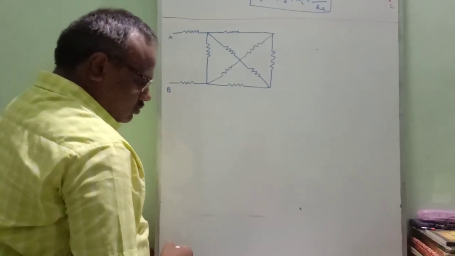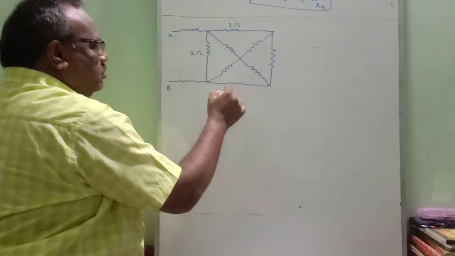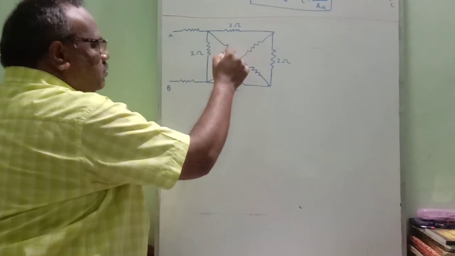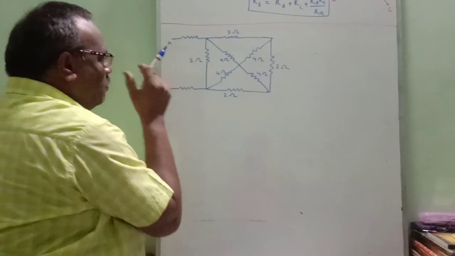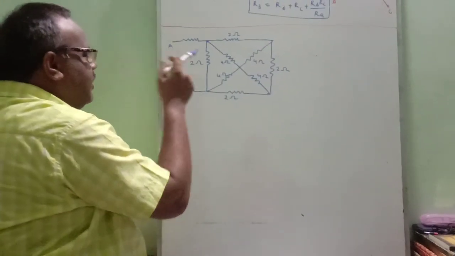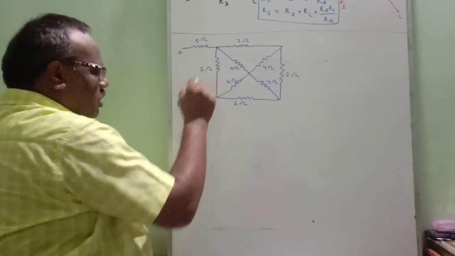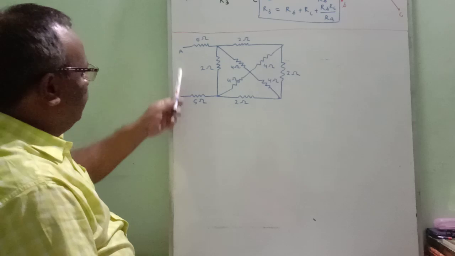This is a 2 ohm, this is a 2 ohm, this is a 2 ohm, this is a 2 ohm, this is a 4 ohm, this is a 4 ohm, this is a 4 ohm, this is a 4 ohm, and this is 5 ohm, this is 5. Now here if you see this circuit, you are going to find out the resistance between A and B.